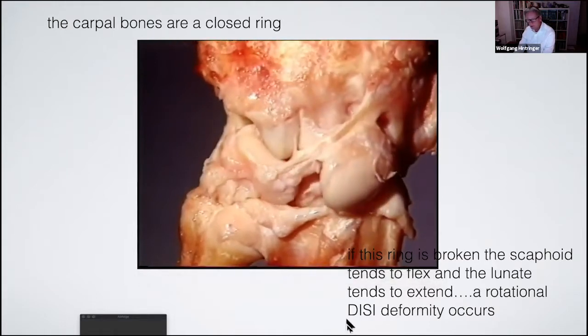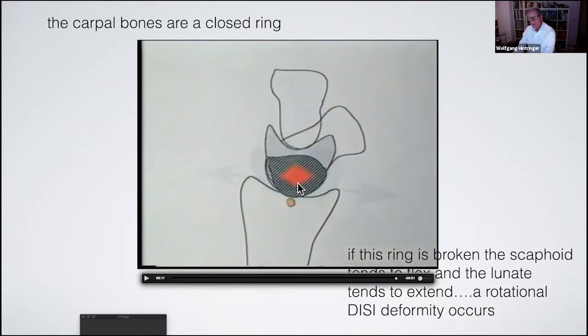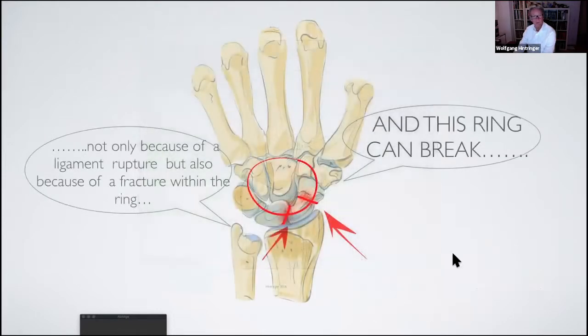A rotational DISI deformity occurs. You see here how this DISI deformity with this rotational deformity occurs. And the same happens not only because of a ligament rupture, but also because of a fracture within the ring. This ring can, so to say, break.